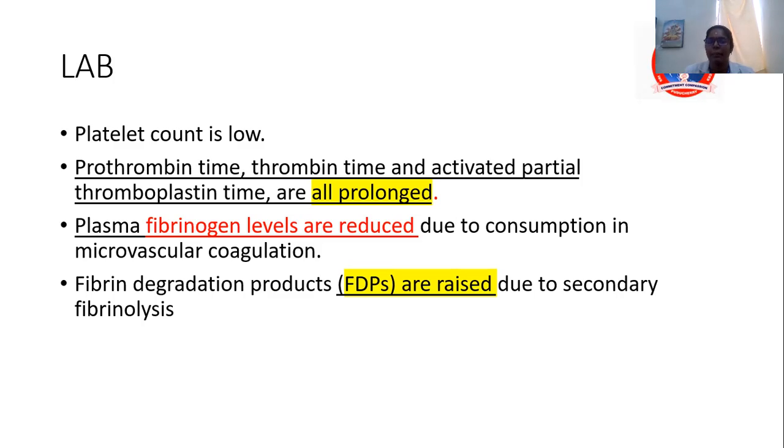So the laboratory investigations are: platelet count reduced, PT, TT, and aPTT prolonged, plasma fibrinogen level reduced, and fibrin degradation products raised.